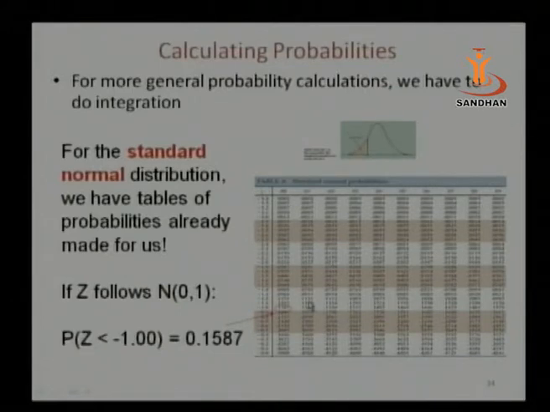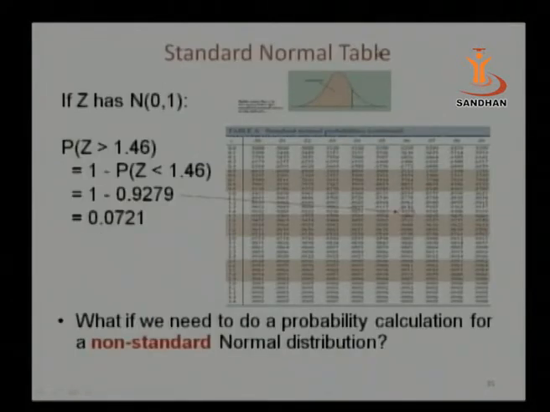Okay, next, standard normal table. Again, here, the probability of z greater than 1.46, how to calculate? Calculate 1 minus the probability of z less than 1.46, right? So for 1.46, select the row of 1.4, and 0.06 is the difference, right?